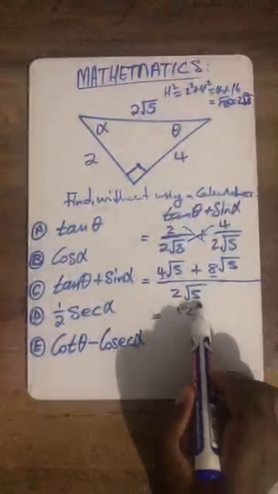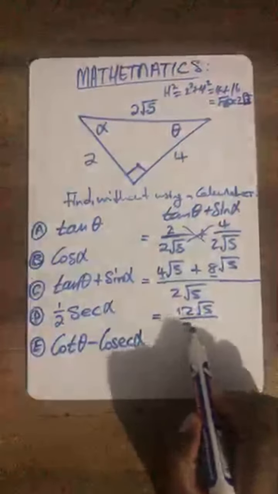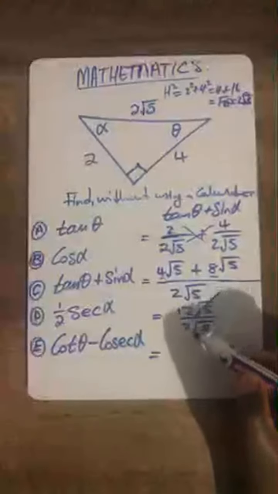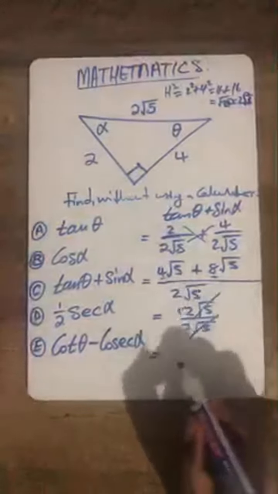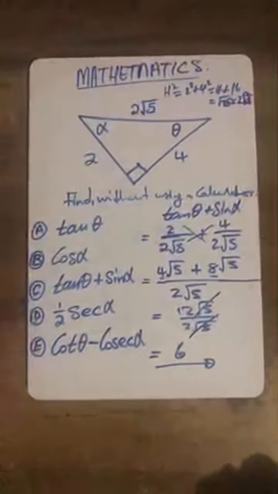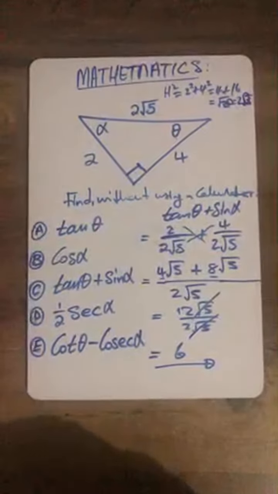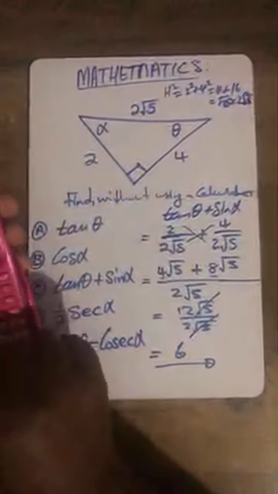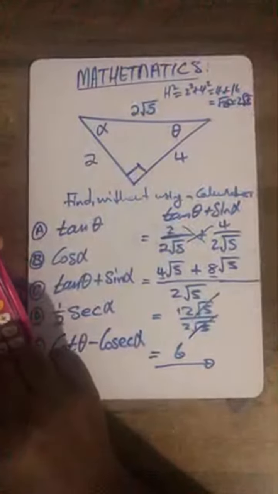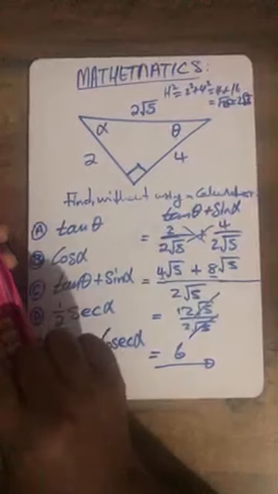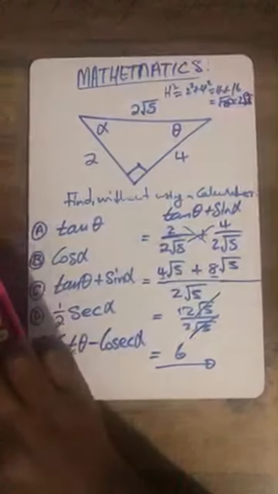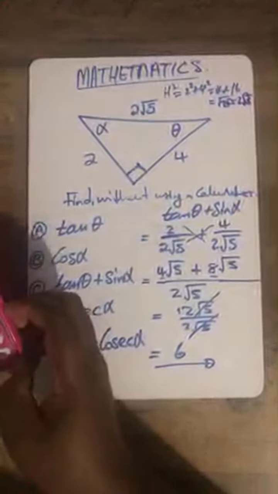Why can't we say this is 12 square root of 5 over 2 square root of 5? I wonder if I'll be right in saying that cancels with that, and then that divided by that is 6. Okay, let's check. So you need to punch all of that. That's if you want to test, not to work it out. So you say 2 over 2 square root of 5, and then you say plus 4 over 2 square root of 5.